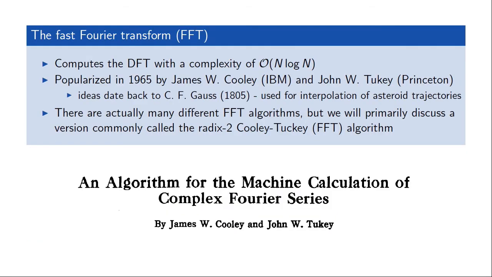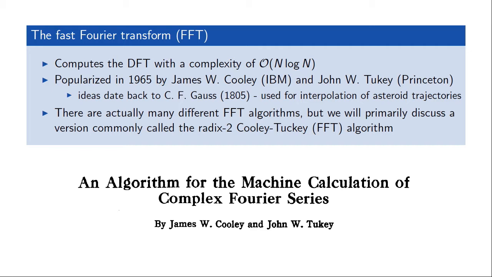Luckily there is a better way of computing the DFT which doesn't take quite as much time in terms of multiplications and additions. There is an algorithm which runs in N log N time, and this is the fast Fourier transform. The fast Fourier transform was popularized in 1965 in a paper by Cooley and Tukey.